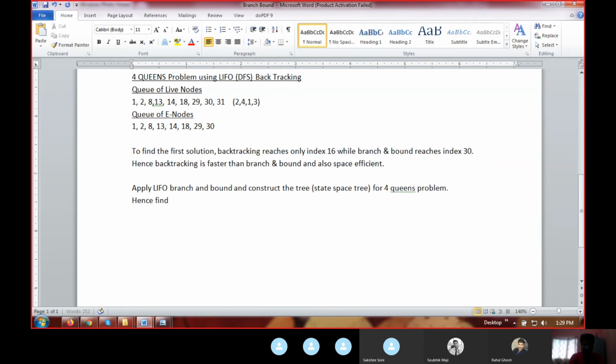Hence find solutions, not only one solution, hence find all possible solutions. So this is a very good problem, so please try to answer this one. It will be a part of the quiz also.